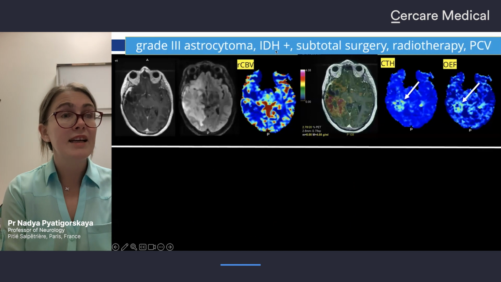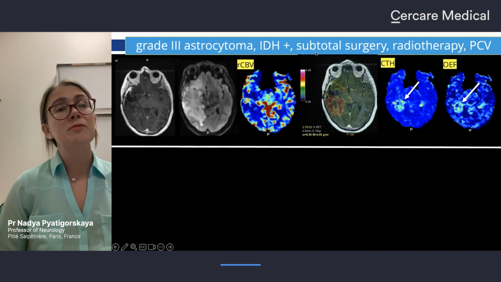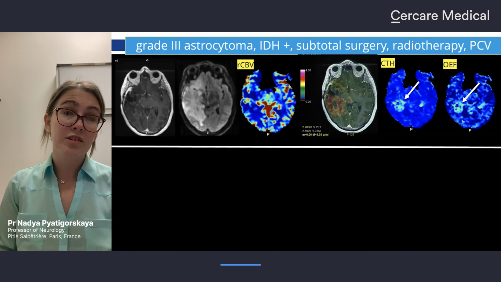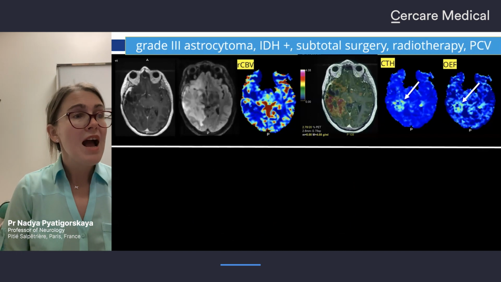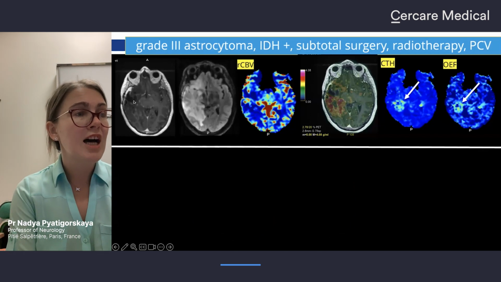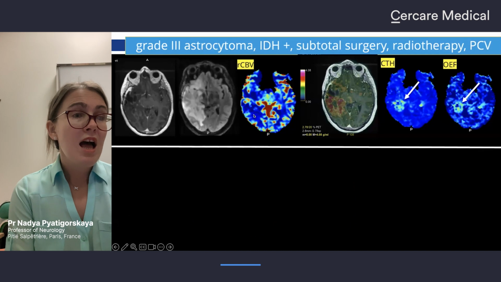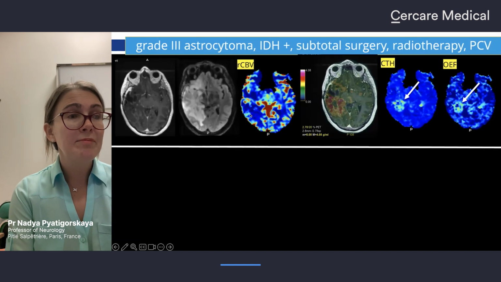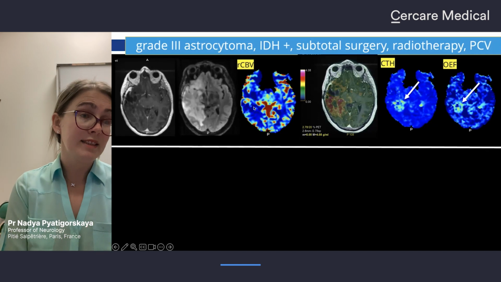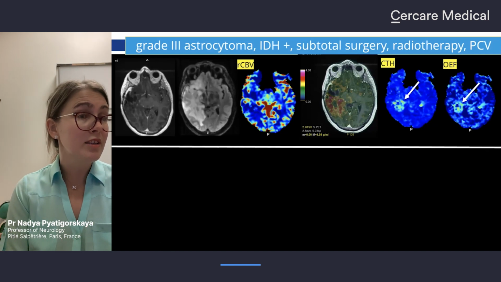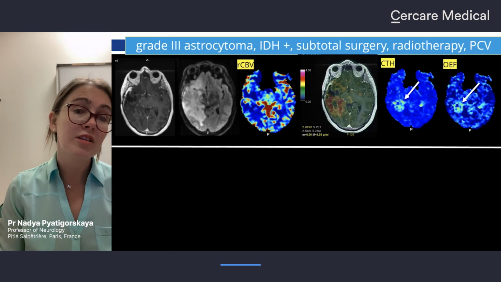Another example is this grade 3 astrocytoma. It was IDH positive. It was treated first by subtotal surgery and radiotherapy and PCV. And here we see some new contrast enhancement. The rCBV map is quite difficult to read. We don't quite well see any hyperperfusion. There are some bleeding, some post-surgery changes.